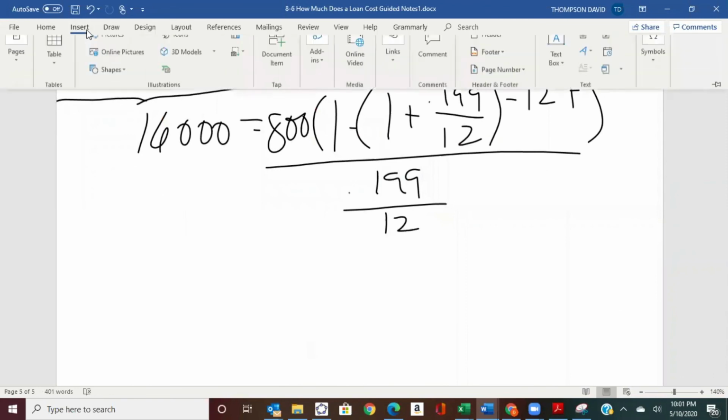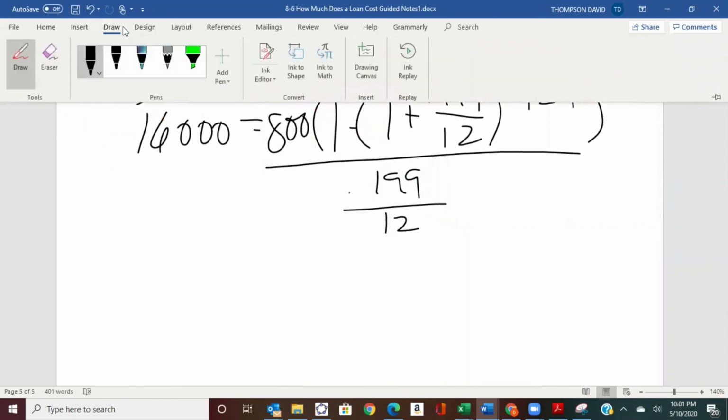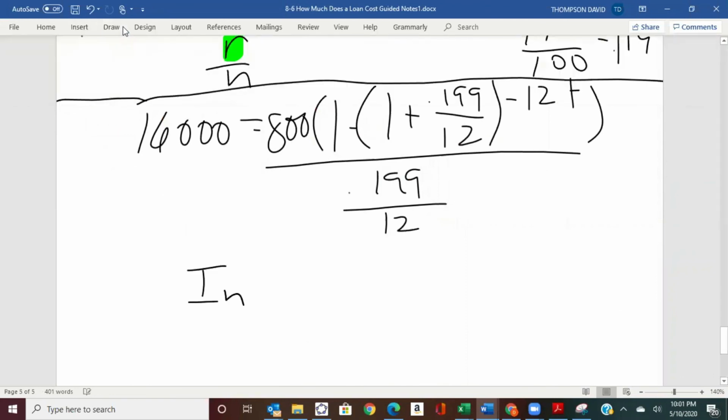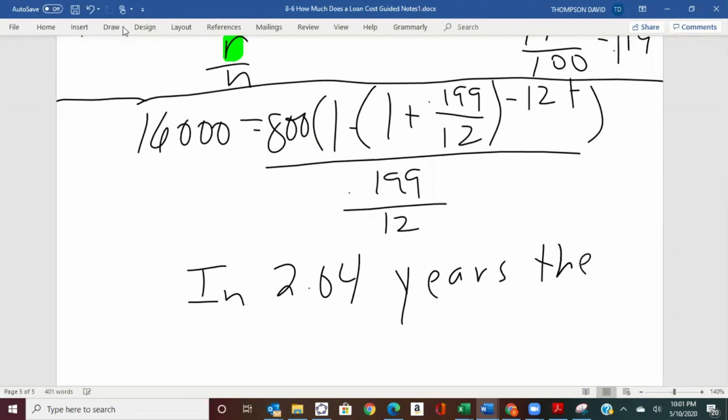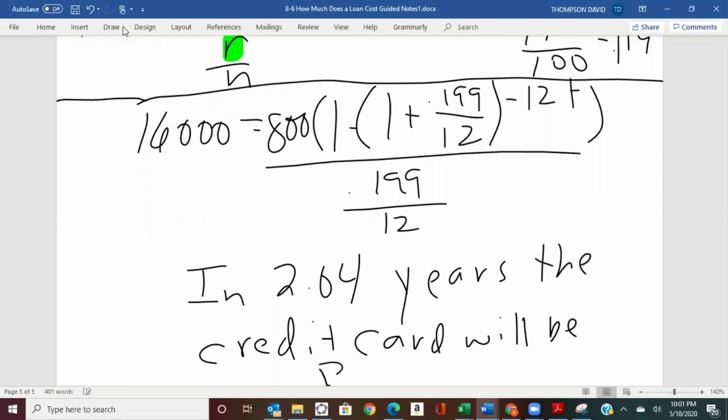So using the graph that we just used, in 2.04 years, the credit card will be paid. And we're done.